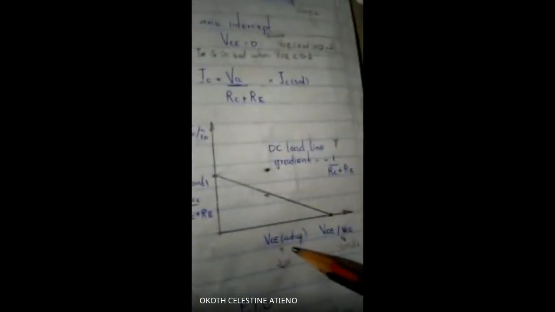So when you're coming to look for, let me show you the diagram that we use somewhere here. Here we say IC sat, and here we say VCE cutoff.